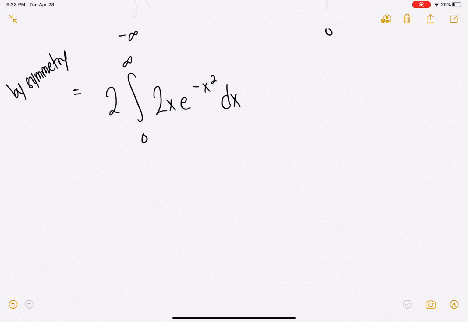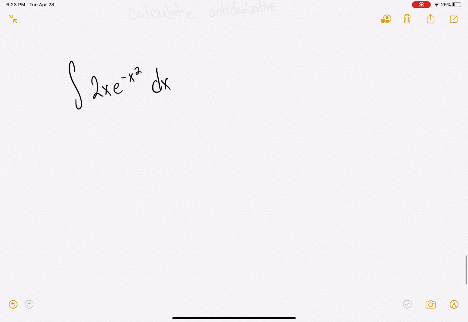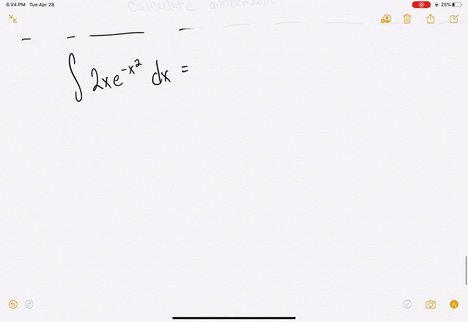So we want to actually calculate this. So we'll calculate an antiderivative of 2x e to the minus x squared dx. And how many choices do we have? We have either integration by parts or we have u-substitution. Choice 1, I say u-sub is more common, usually. Choice 2, integration by parts.